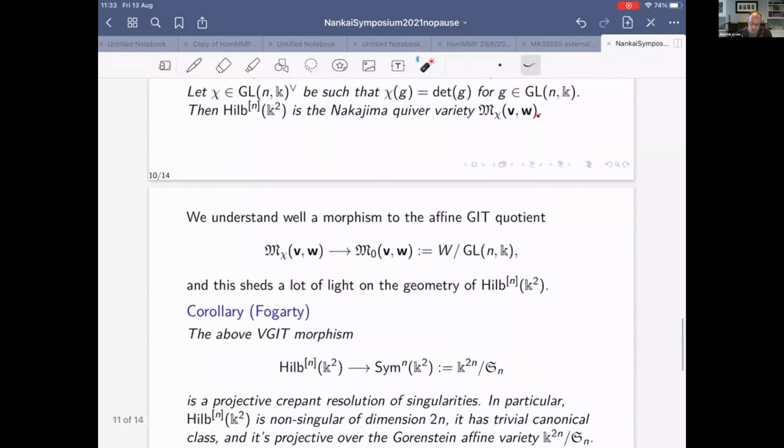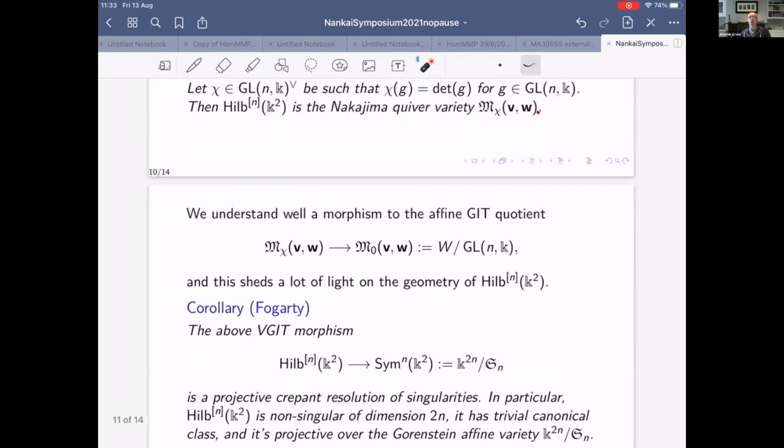And the point is we get something from this. This sheds an awful lot of light on the geometry of the Hilbert scheme. The point is that we know quite a lot about Nakajima quiver varieties. They satisfy many very nice properties, one of which is this morphism obtained by variation of GIT quotient, that for this particular choice of character, I naturally admit a morphism to the space where I take the character 0.